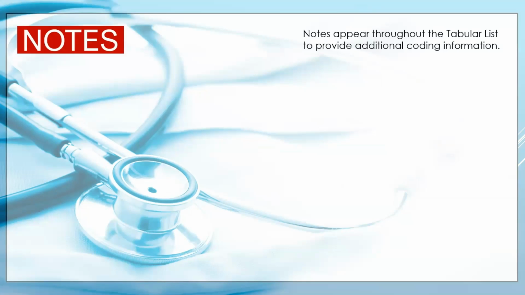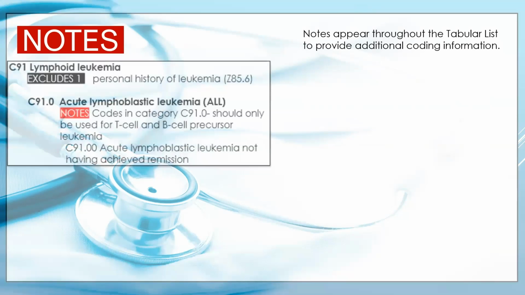When you see notes highlighted in red in the tabular list, these will provide additional coding information, like this note under C91.0 that states that codes in subcategory C91.0 should only be used for T-cell and B-cell precursor leukemia.